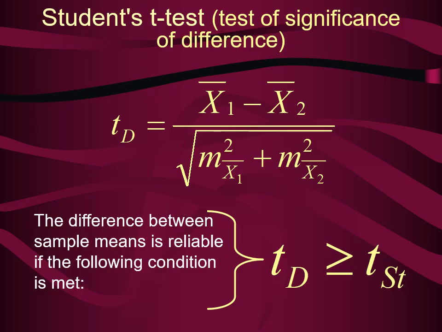Even measurements can be different, and therefore the average for the first sample and the average for the second sample always differ. But this difference is not always statistically significant. In other words, statistical reliability of the difference between the experimental group and the control group can be confirmed only by such a comparison.